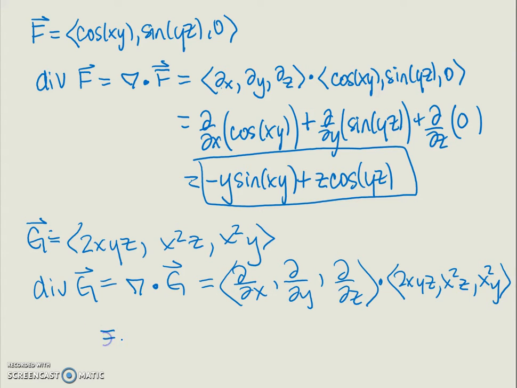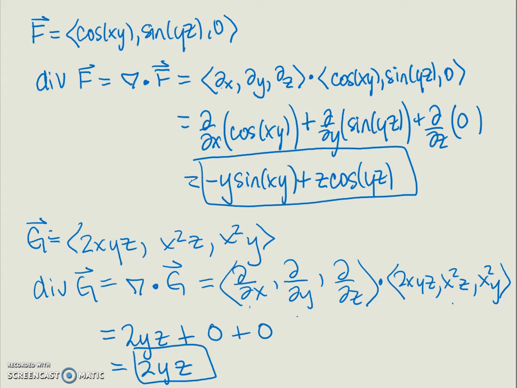When I do those partial derivatives and that dot product, partial with respect to x of 2xyz is going to give me 2yz, plus partial with respect to y of x squared z. There is no y, so that would be 0. Then partial with respect to z of x squared y. Again, x squared y is constant with respect to z, so that's another 0. So this divergence would be 2yz.